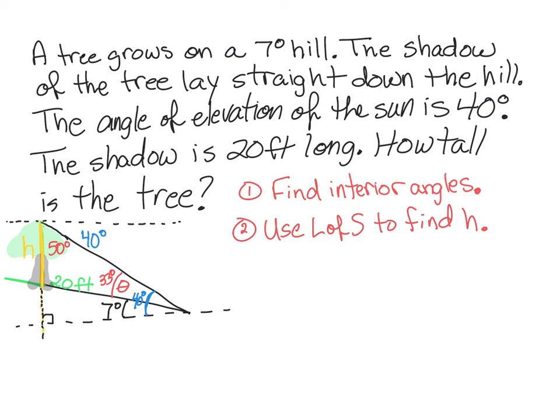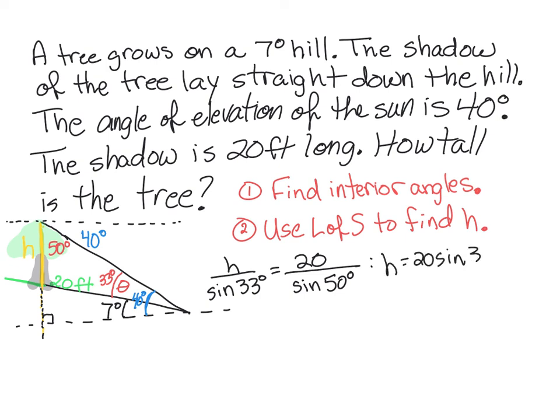Okay, so here we go. Let's do the math. We want to solve for h, so I'm going to put it on top. H is across from the 33-degree angle, and that will match 20, which is across from the 50. So the height of my tree is 20 sine 33 over sine 50.